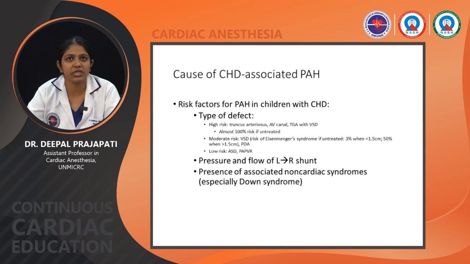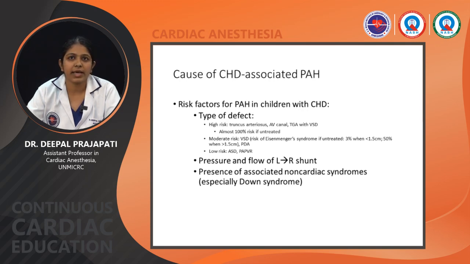The risk factors for PAH in children with congenital heart diseases depend on the type of defect, on the pressure and flow of the left to right shunt, and also on some non-cardiac syndromes, especially Down syndrome, where there is an increased risk of pulmonary arterial hypertension. According to the type of defect, truncus arteriosus, AV canal, and TGA with VSD carry almost 100% risk of pulmonary arterial hypertension if untreated.